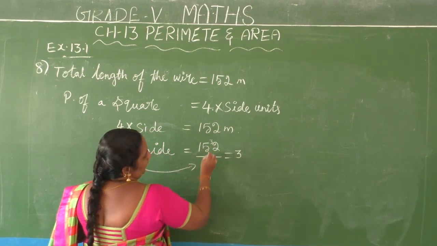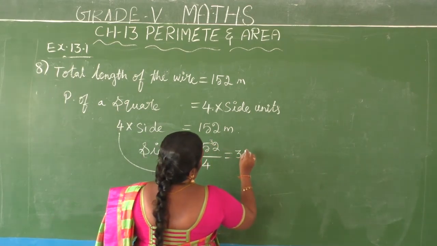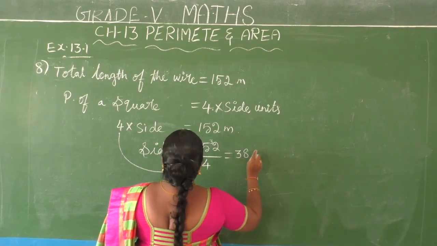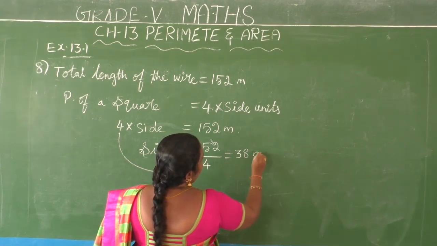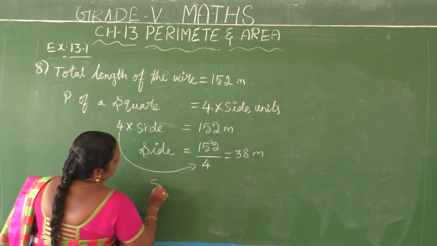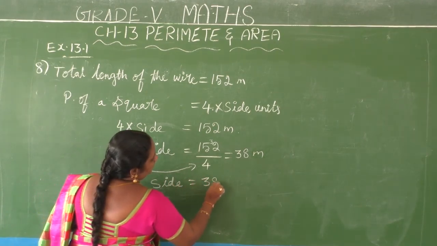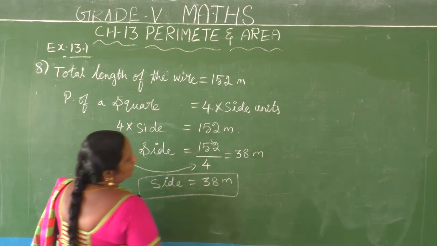Now 32. Again find out how many 4s are there in 32. 8 4s are 32. That means the side is 38 meter, not a centimeter. So side equals 38 meter. Okay ma. So we find out the side of the square.